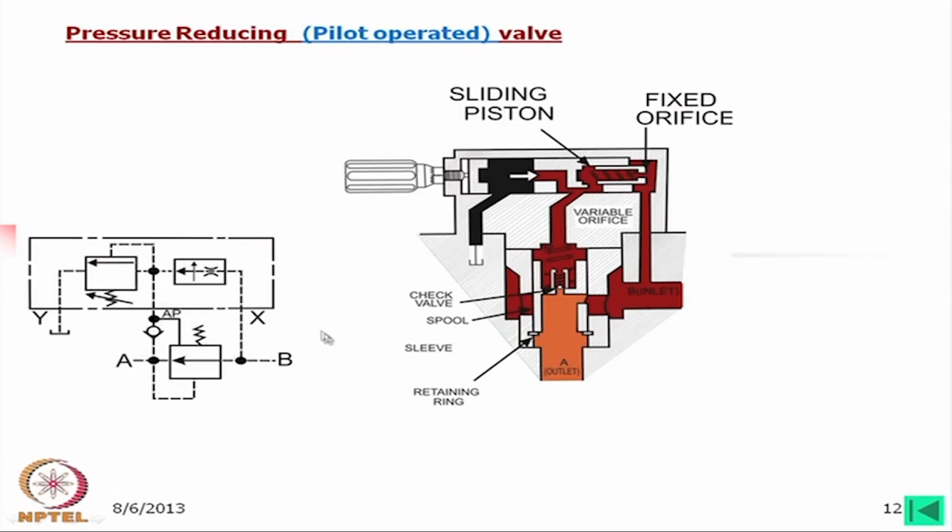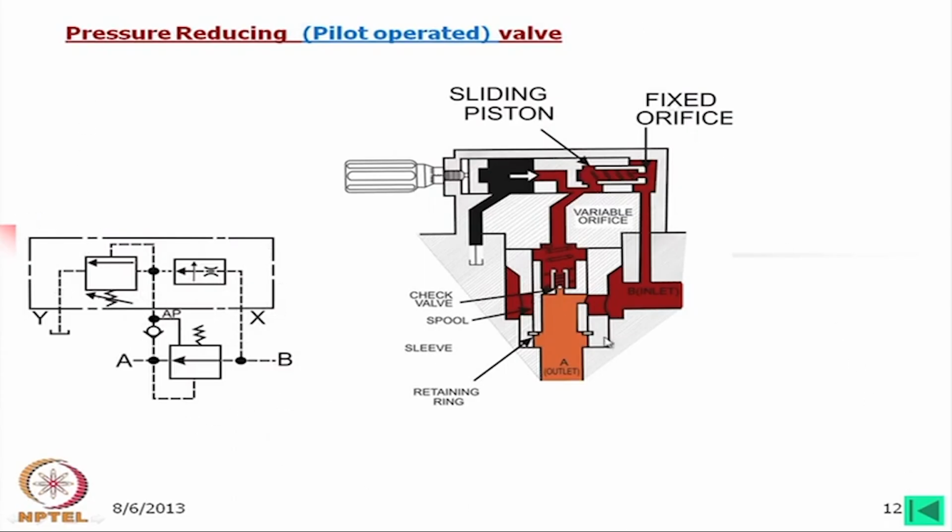Actually, when the flow is going from this side, then it can go through this. So, this valve is not the symbol of this one. This is some other valve added to this system, and this is the pressure reducing valve.